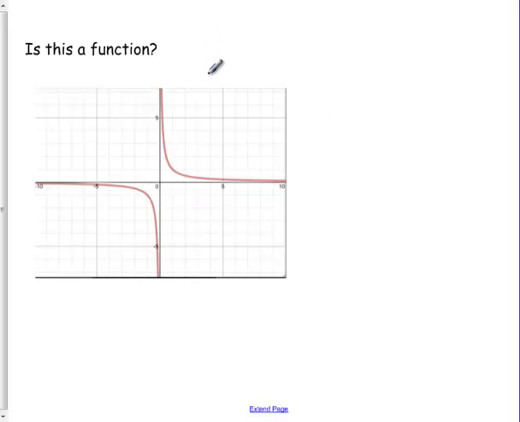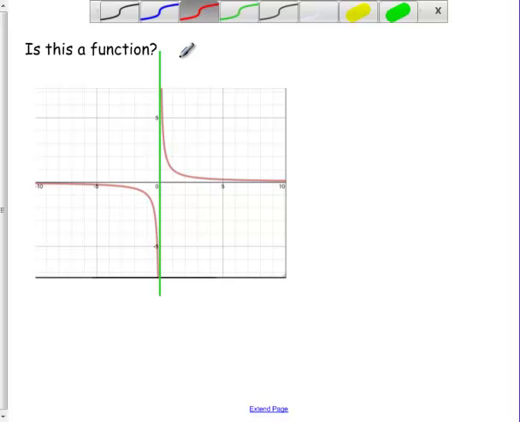How about this? Is this a function? No, let's see. Passes once, passes once, passes once. Hey, what's going on right here? Now, if we zoomed in on this, this is actually an asymptote.